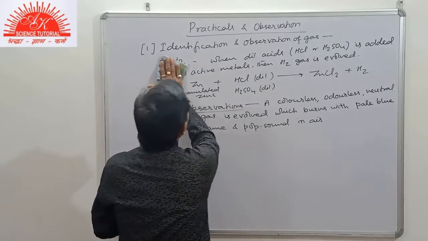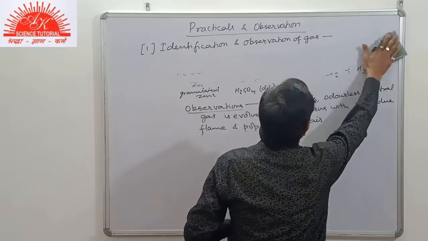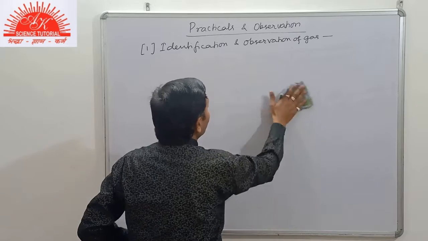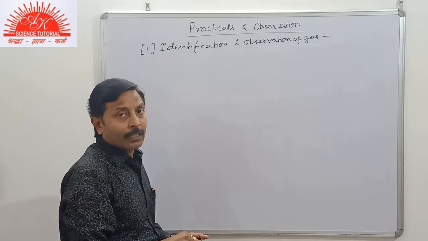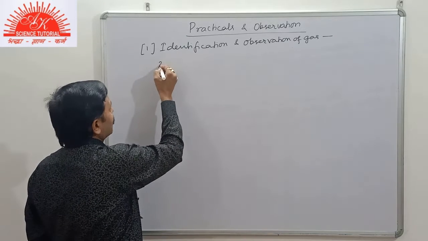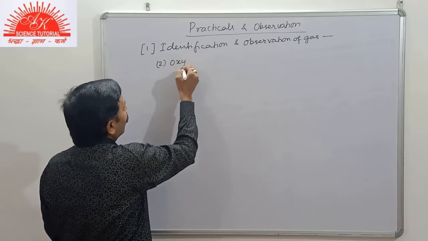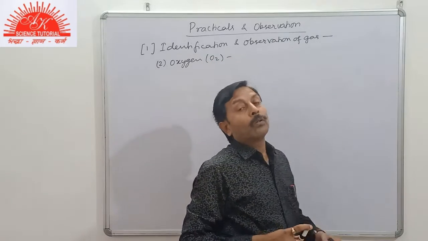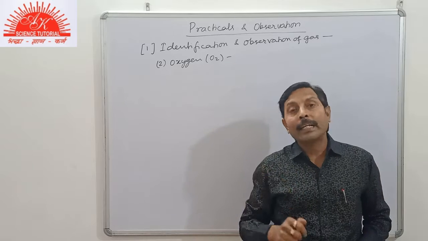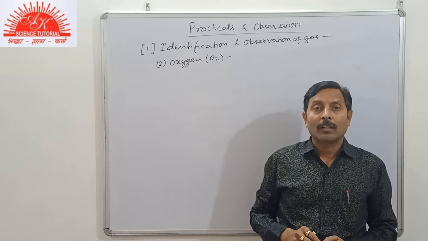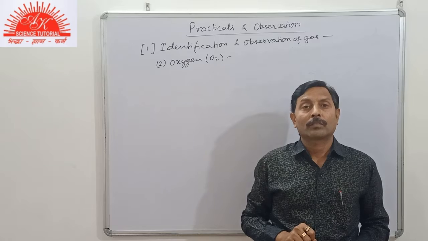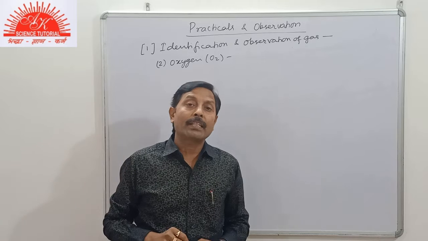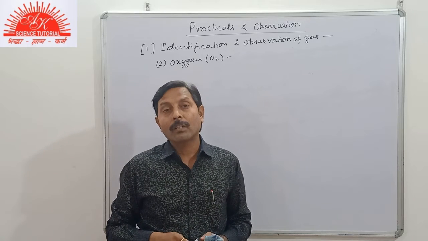Students, on the similar basis, we will study the other gases that will help you in identifying the different gases. Like, take another gas, oxygen, O2. Now we know that when an oxidizing agent is heated, then oxygen gas is evolved. Or suppose when potassium nitrate or sodium nitrate is heated, oxygen gas is evolved.